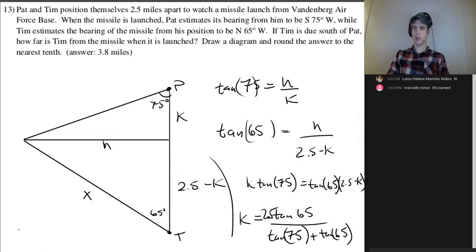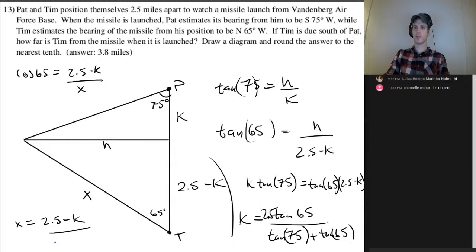And then we can say that the cosine of 65 from the bottom triangle equals 2.5 minus K over X, so X equals 2.5 minus K over the cosine of 65.